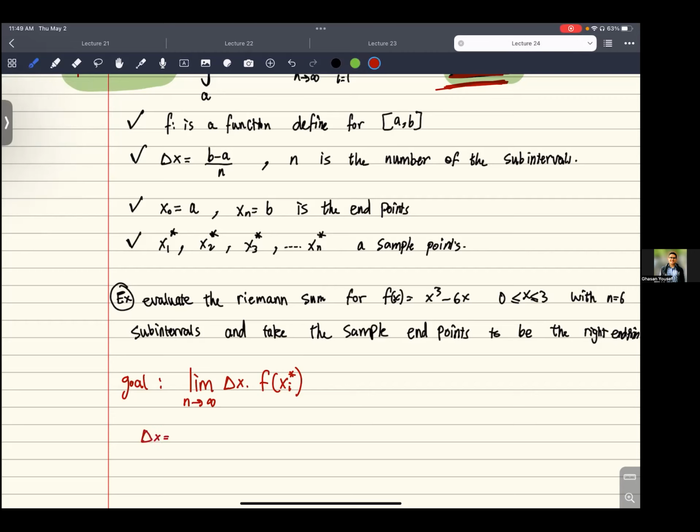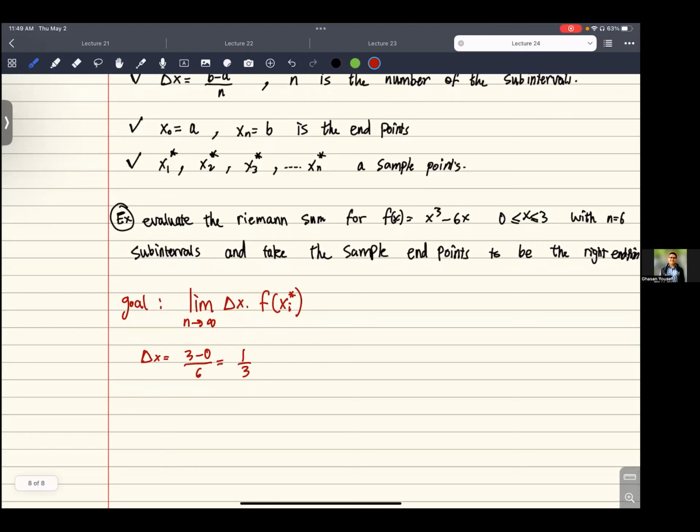It's 1/2. How do you find it? 3 minus 0 over 6. Exactly, this is 1/2. Now for f of xi, the xi here is the right endpoint. So we're gonna graph a line like this, starting from 0 up to 3.